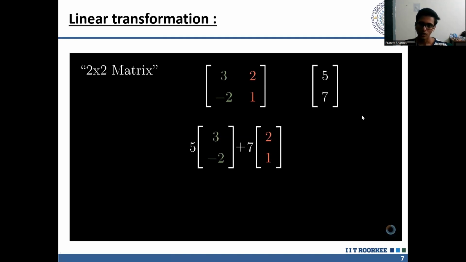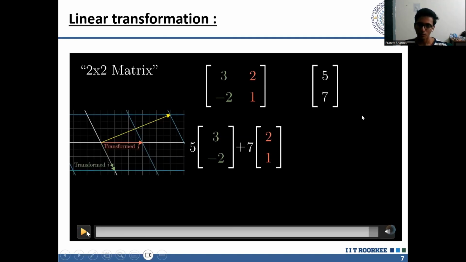So from here, what we develop is a visual interpretation of this matrix, of how it is changing the i cap and j cap vectors, and that indirectly gives us the information of how it will affect the vector on which the transformation is being applied. So this is not just a bunch of numbers, it gives us a proper visual feel of how the transformation is affecting the vector space.